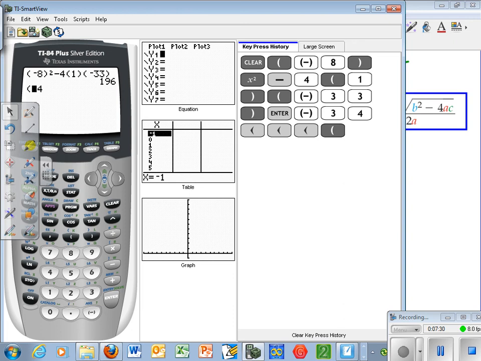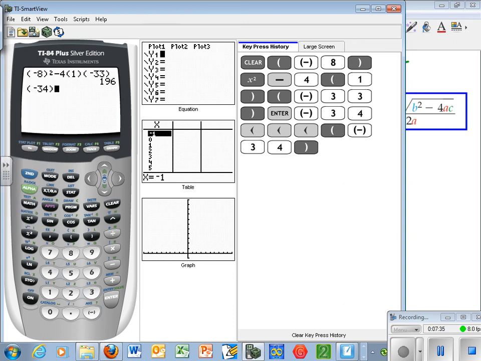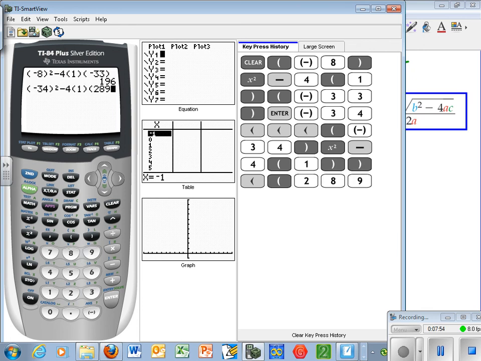So parentheses, negative 34 and squared, minus 4 times 1, and then left parentheses times 289. So there's what's underneath my square root, and I get 0.